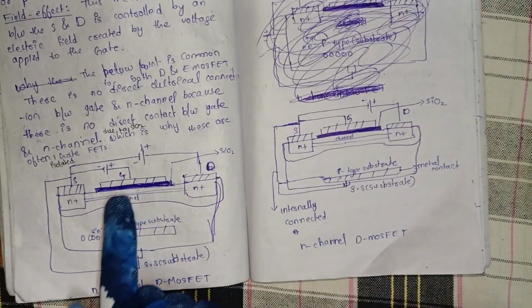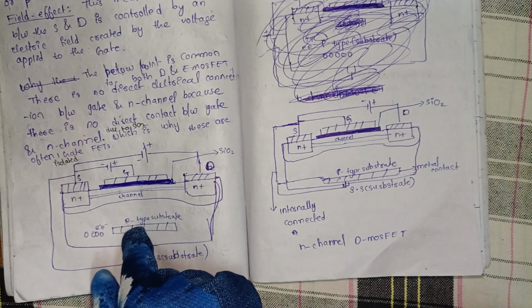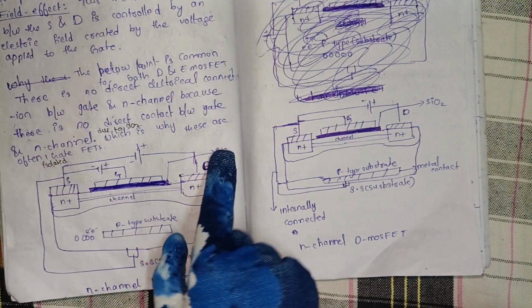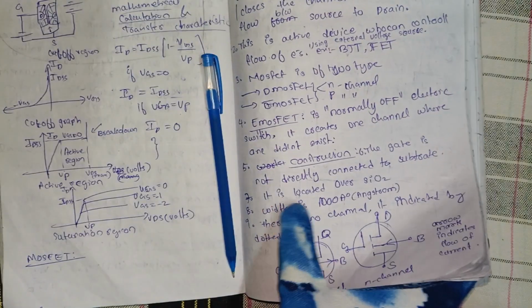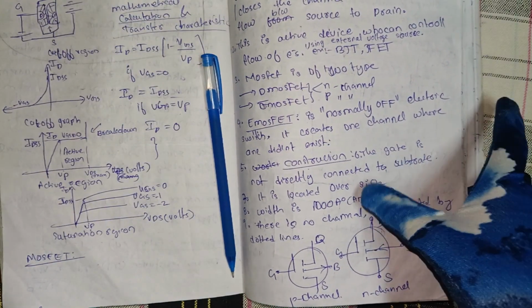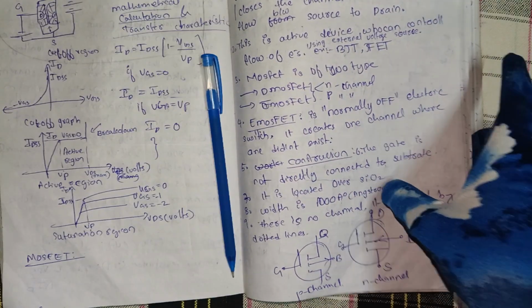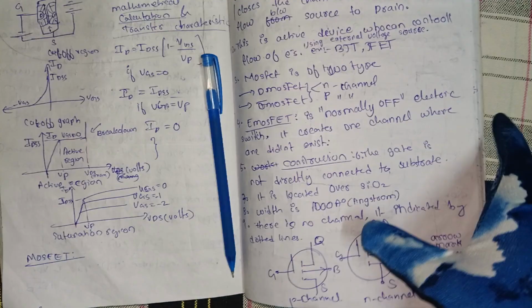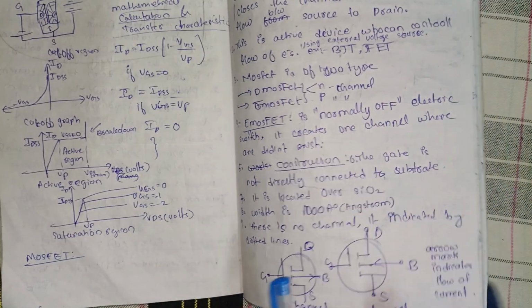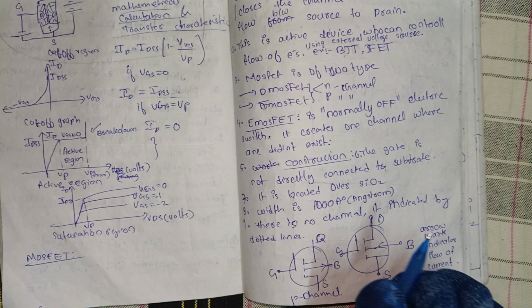Here the gate is not directly connected to the substrate, silicon dioxide is in between. It is located over silicon dioxide, as I have shown now, and the width is 1000 angstrom.